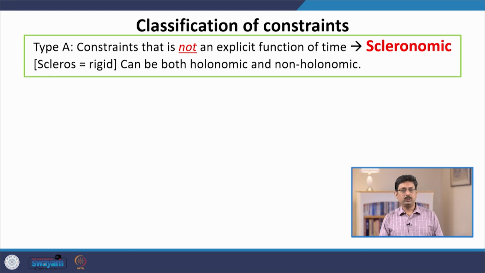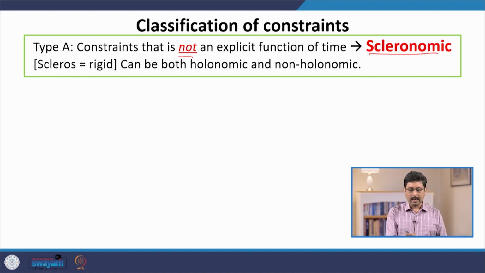Now, you can also classify the constraints from a different point of view. You have a type of constraint which is not an explicit function of time. So, the constraint is independent of time, it is not changing with time. These kinds of constraints are called scleronomic constraints.